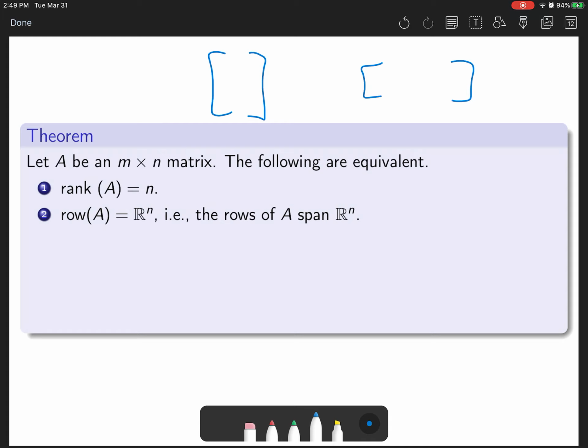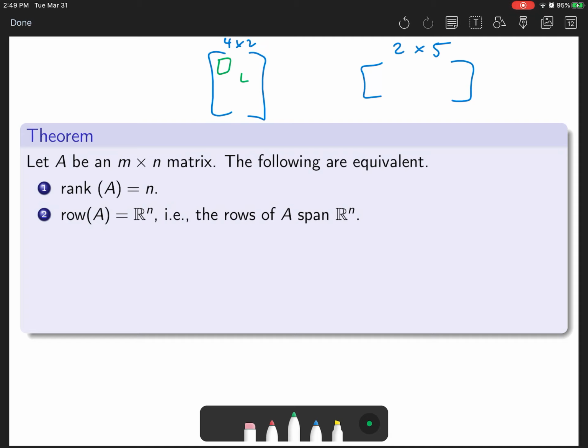M by n, and we want... All right, so this one would be something like 4 by 2, and this would be something like 2 by 5. If we want to have a hope of having full n rank, and I guess it is column rank. Okay, I said the right thing initially.